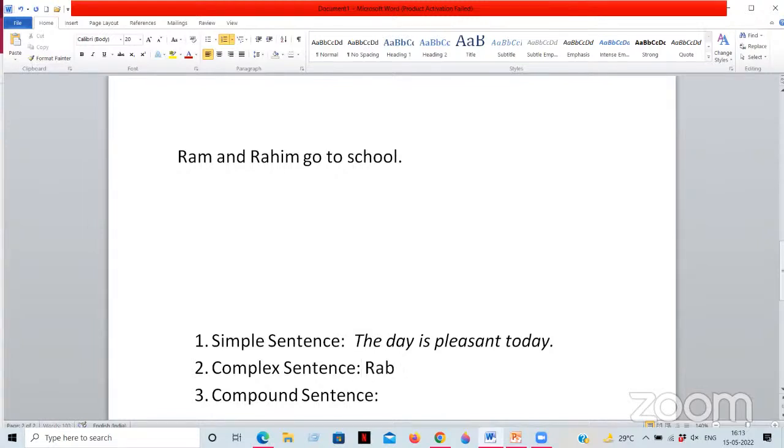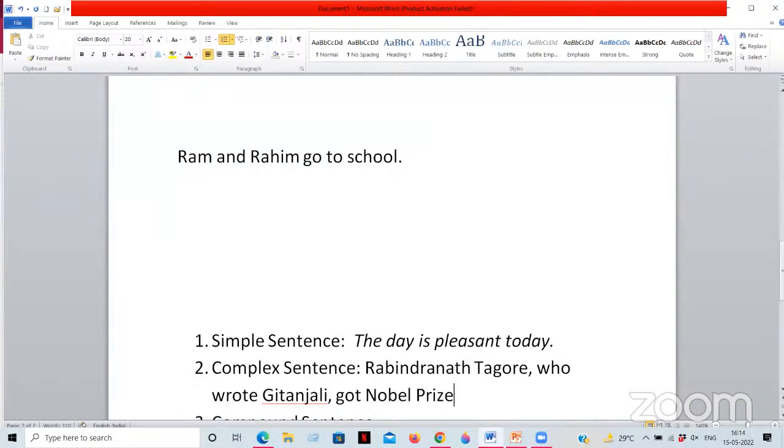Simply, see this example, see this sentence.